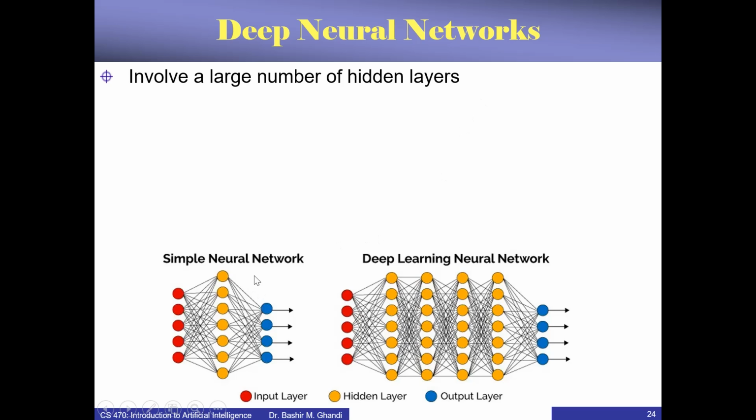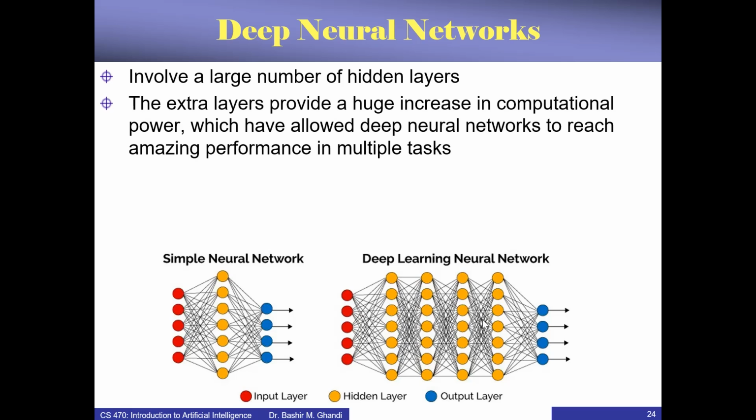In simple networks, we may have one or two hidden layers, as you can see here. But in deep neural networks, you have many hidden layers. So that's basically the difference.